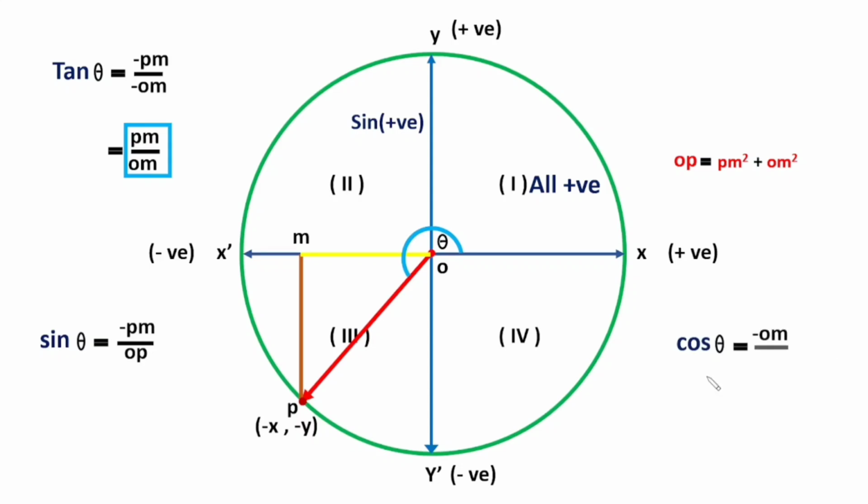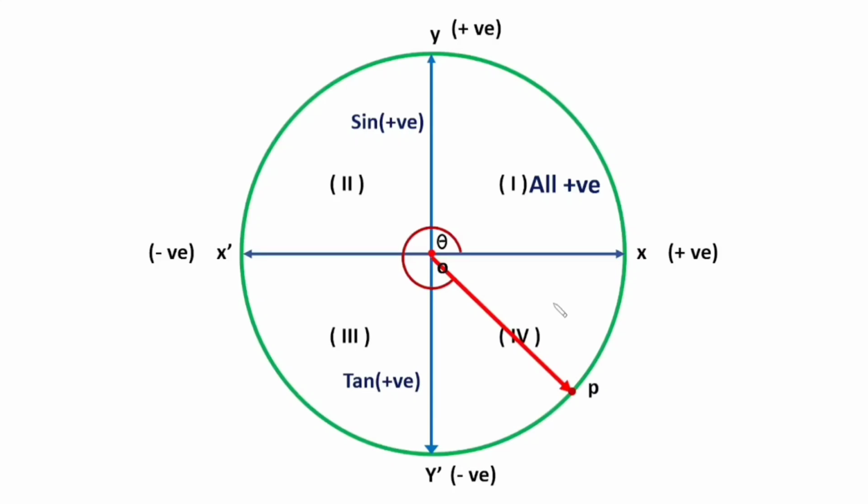And cos theta equals minus OM upon OP. So cos theta is also negative. So in the third quadrant, sin theta its reciprocal cosec and cos theta its reciprocal sec both are negative. Only tan theta with its reciprocal cot theta are positive in the third quadrant.